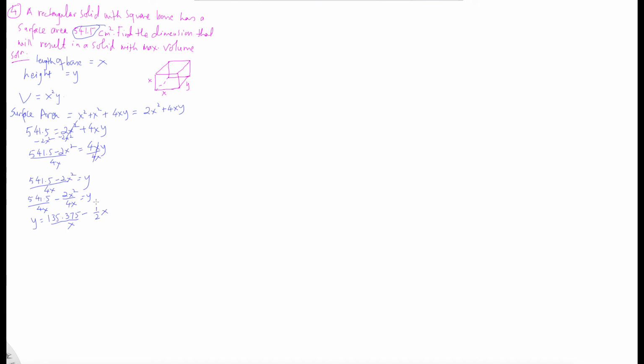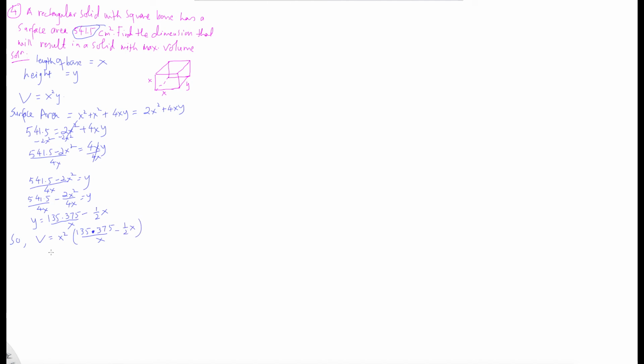That's what you get, right? Now we want to plug this into V, so V equals x squared times y, which is x squared times 135.375 over x minus 1/2 x.